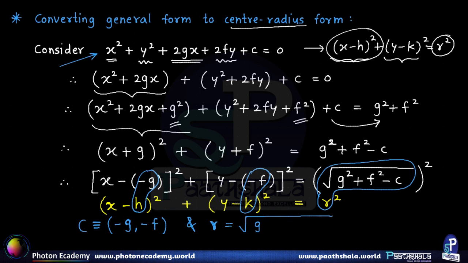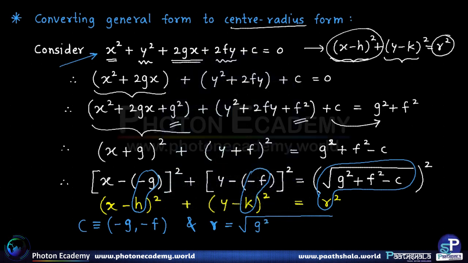But of course it is assumed that the term g square plus f square minus c is positive, because since it is under square root, it has to be positive only.